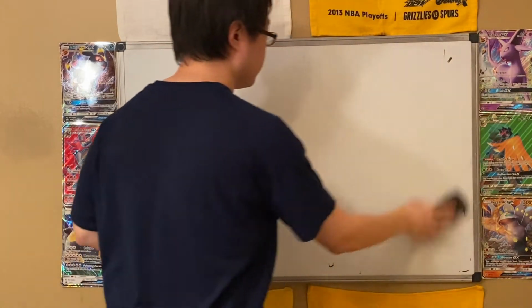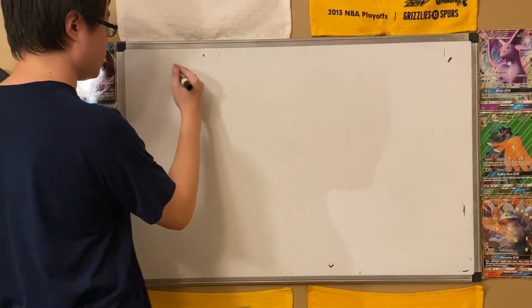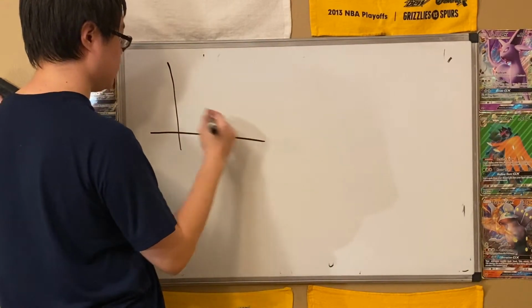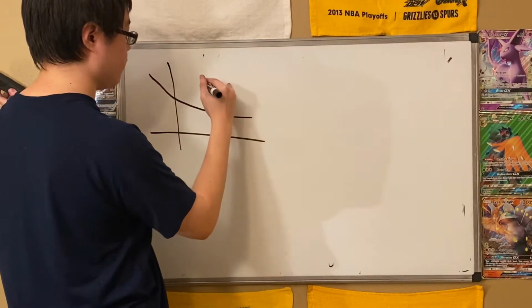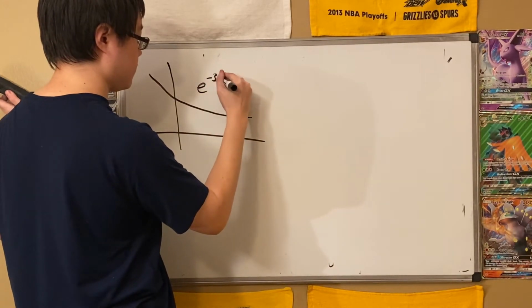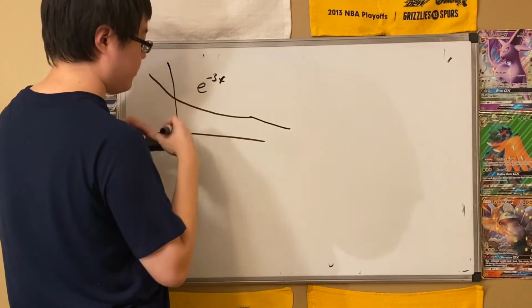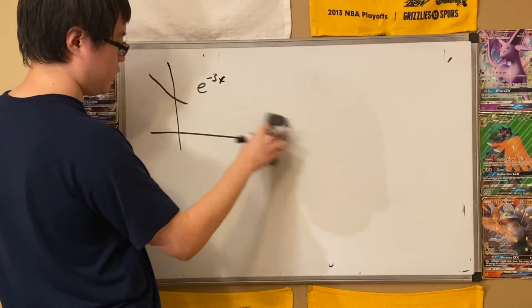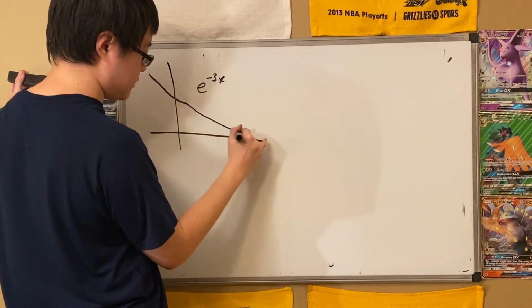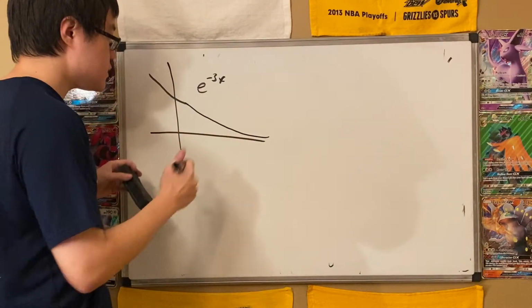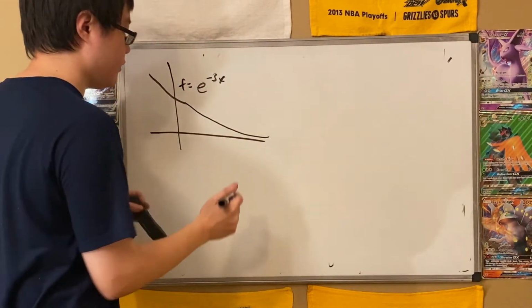So let's say we have the region, and our function is this guy right here. We're going to call it e to the minus 3x. Maybe I need to make it hug the x-axis a little bit faster, so it's going to look like this. So we have this nice function, f, e to the negative x.